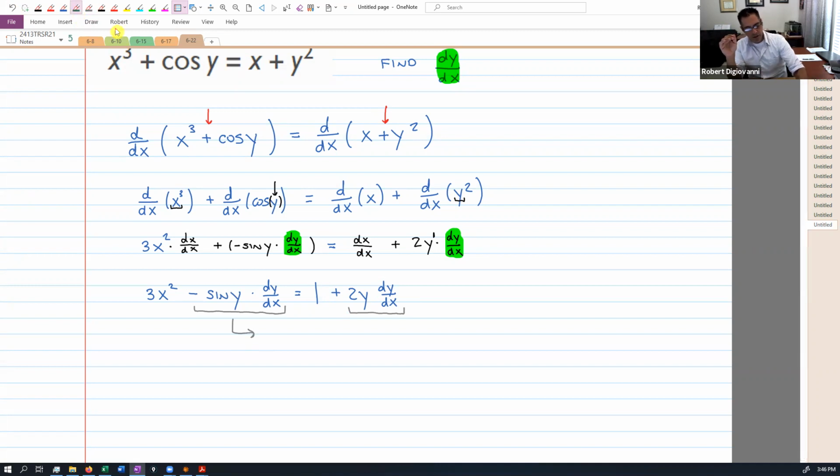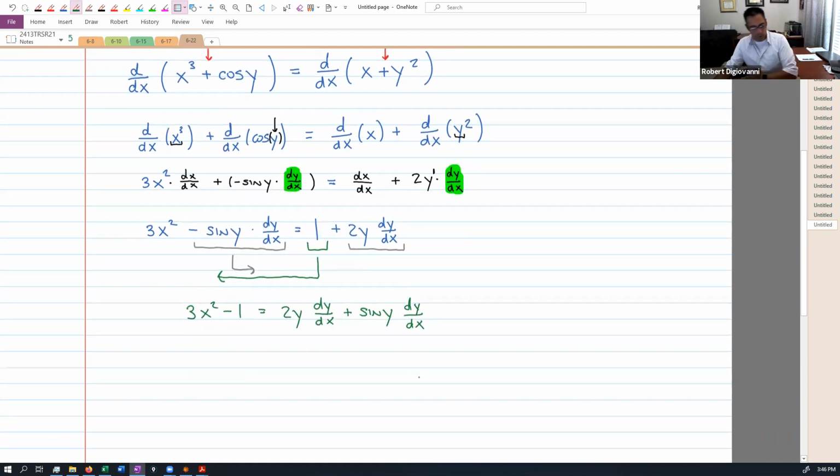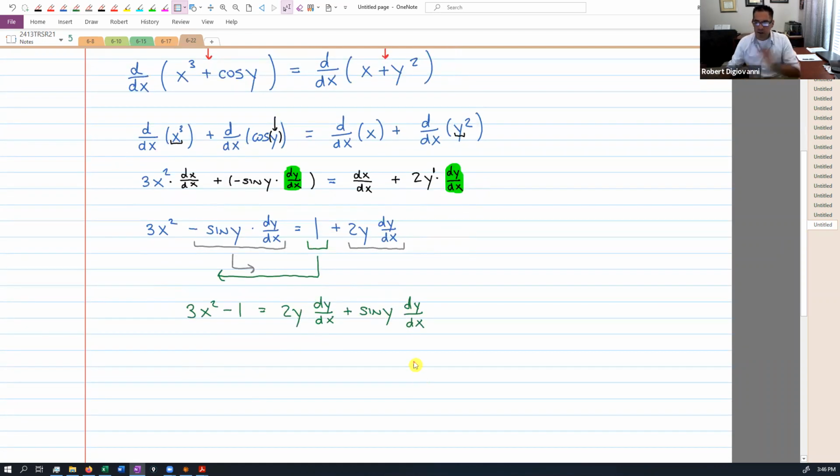And this one doesn't have a dy dx, so I'm going to move it to the left. When I move the 1 to the left side it becomes 3x squared minus 1. And when I move the negative sine y dy dx to the right, it becomes positive. But I still already had over there this piece. Any questions on that? That's just the algebra of moving things around.